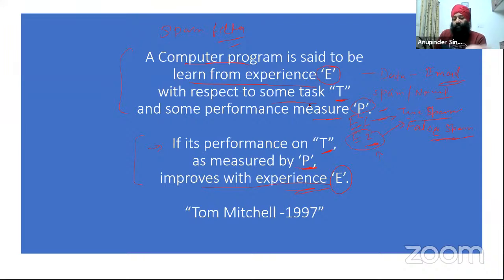So overall this is what exactly happens. In every machine learning based problem, if it is supposed to be solved with machine learning, you need to identify what exactly is the task, right? What exactly is the experience you are looking at corresponding to that particular task, okay? And how you're going to measure the performance.